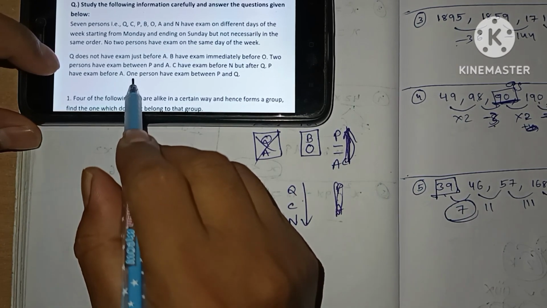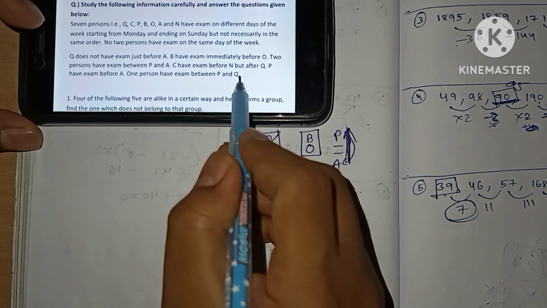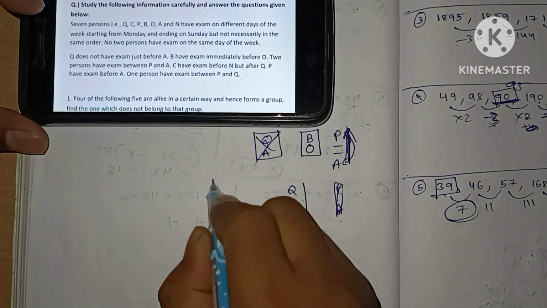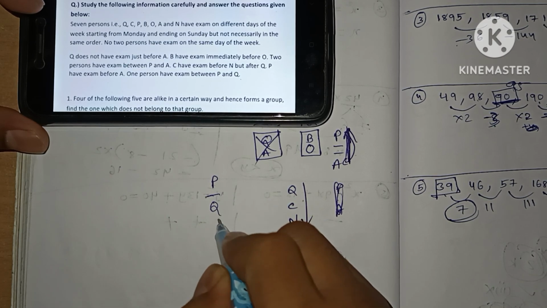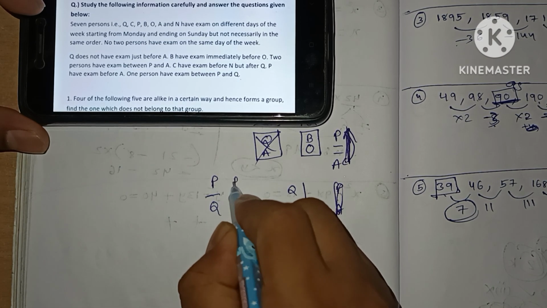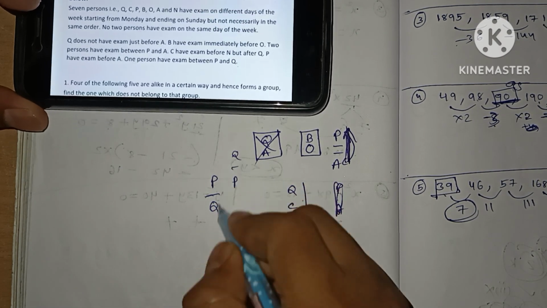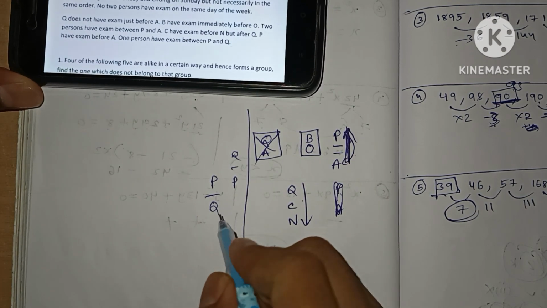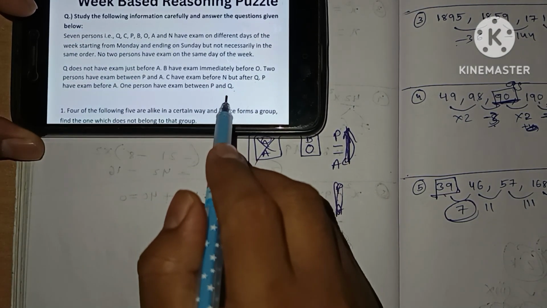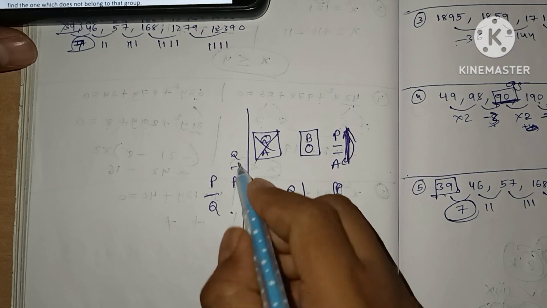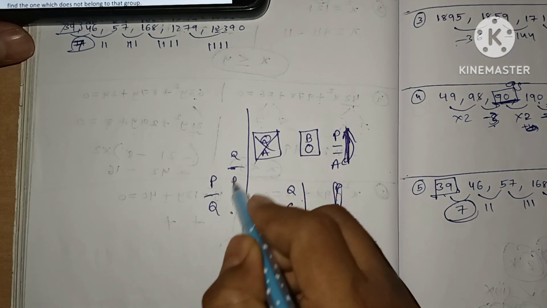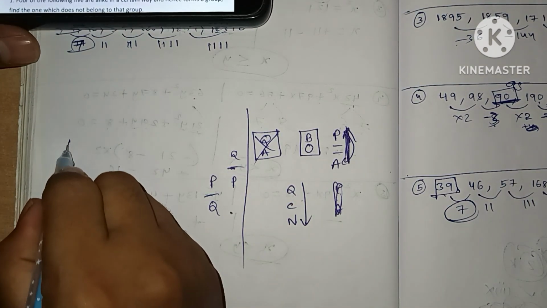Next, one person has exam between P and Q. So between P and Q there is only one person, either this one or this one. We have two possibilities. We have completed our statements, so we start our puzzle with these possibilities.